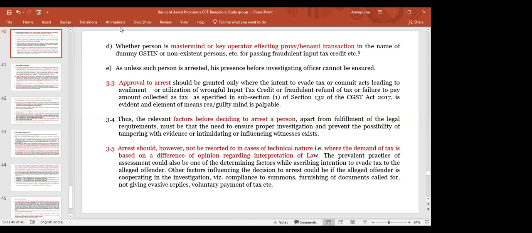You will ask for the file to be transferred from the superintendent to the ADC, no? So between the trial court and the JMFC, the trial court is the superior court, so it will go there. The one who is handling the NI matter will also handle GST matters. Does it address your question, madam?